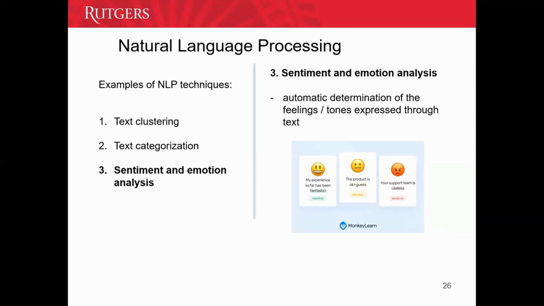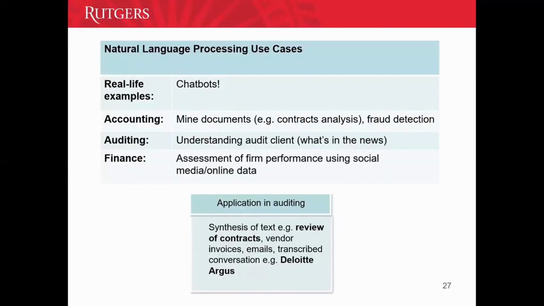And you can use natural language processing to analyze those reviews and determine, for example, if a review is positive, neutral, or negative. And this is very useful, again, as I mentioned, to analyze massive amounts of textual information and draw some general insights from them. We're going to perform sentiment and emotion analysis in more advanced classes.